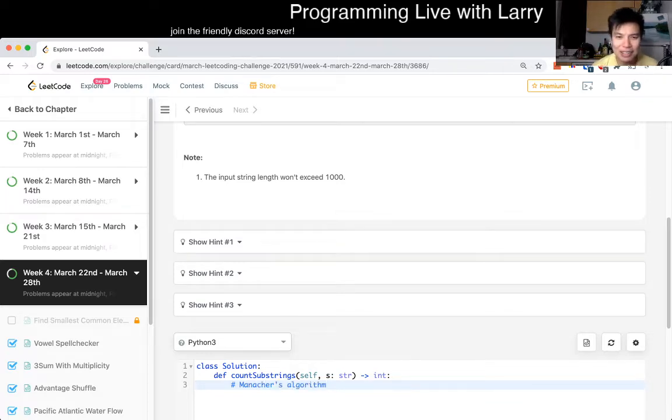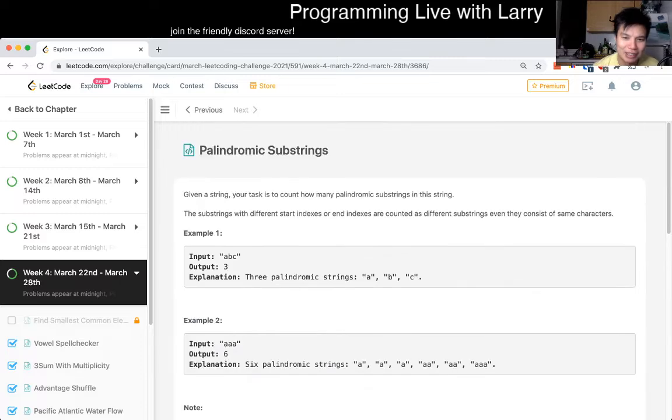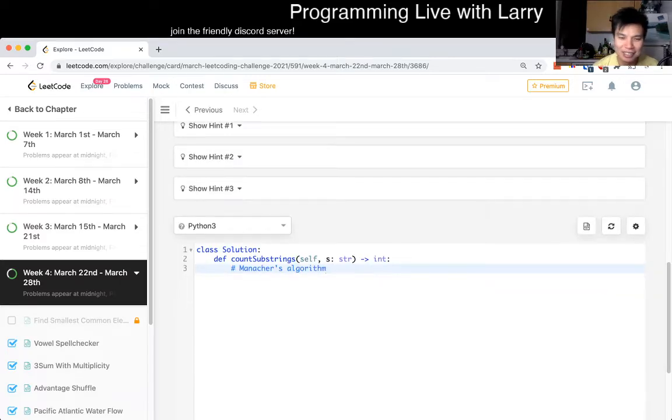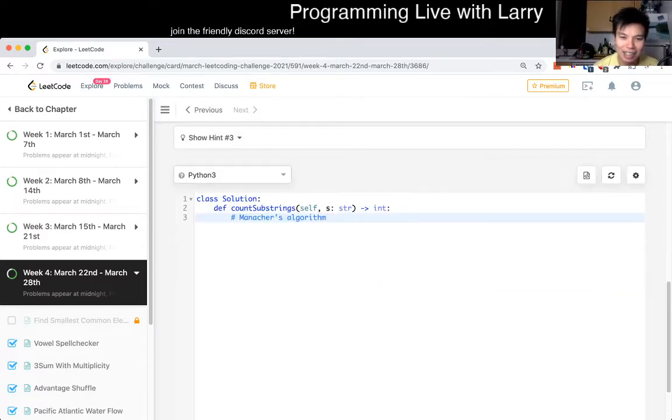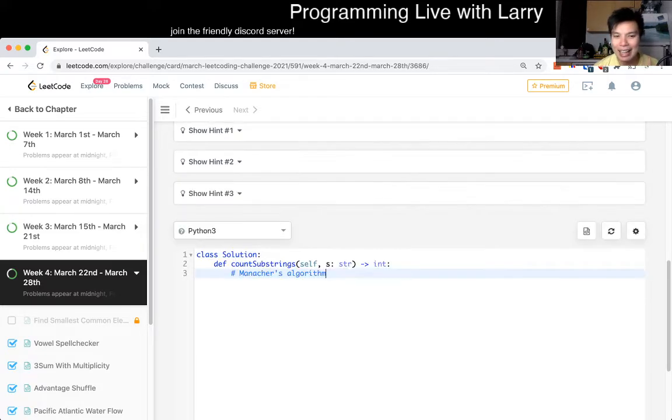I don't know if that actually applies to this for counting, but in any case, it might work. Maybe we could go over it afterwards. I would also say that I get this question a lot about Manacher's algorithm, and like I said, I don't know if I'm saying it right, but if I'm butchering it, let me know in the comments or send me a link on how to pronounce it correctly.